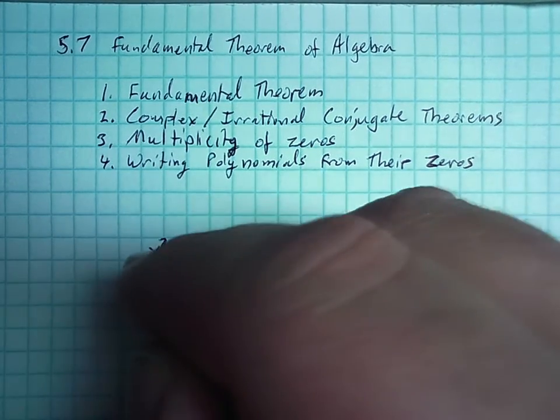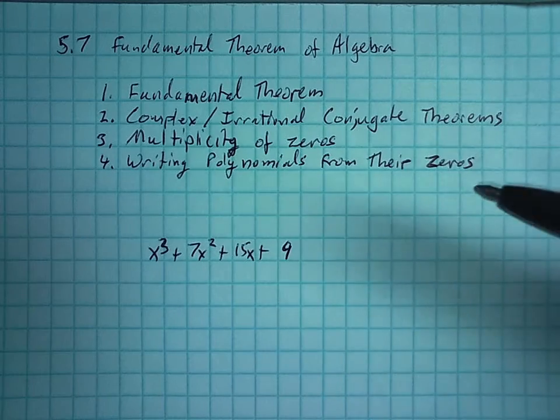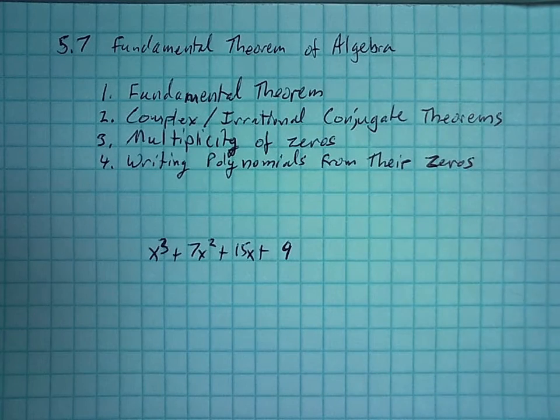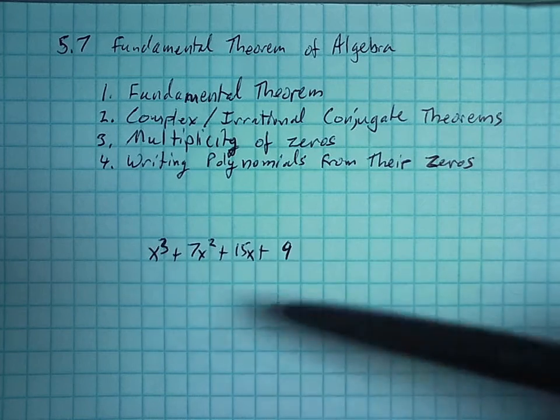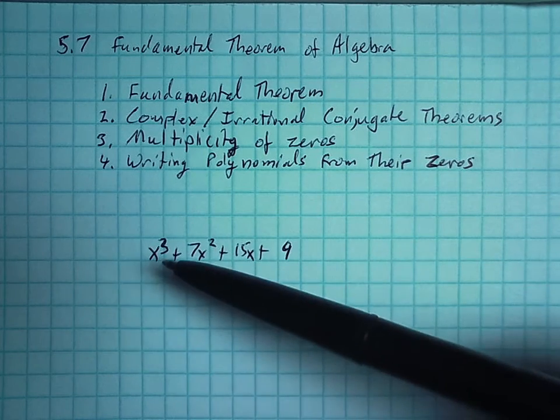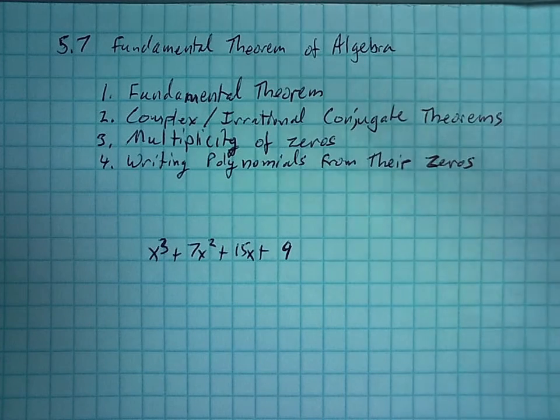That's a third degree polynomial. So the fundamental theorem of algebra, the basic part of it, says this has at least one solution in the complex number system. The corollary actually specifies this one has exactly 3 solutions if you're willing to count the same solution multiple times or to count complex solutions.